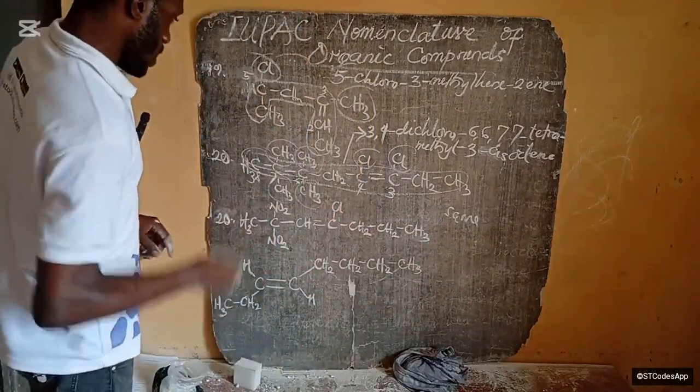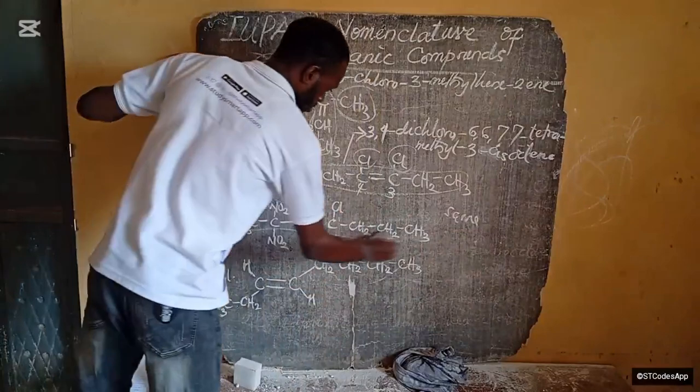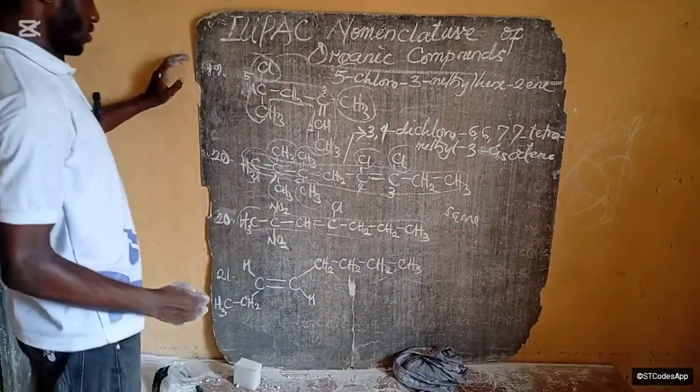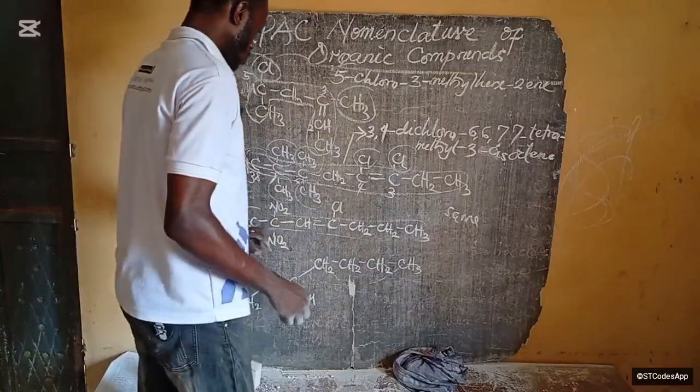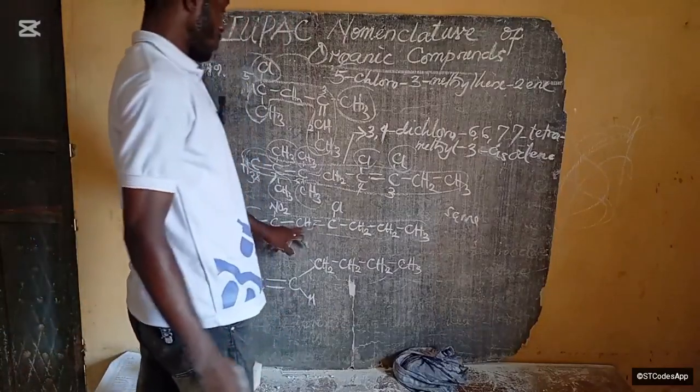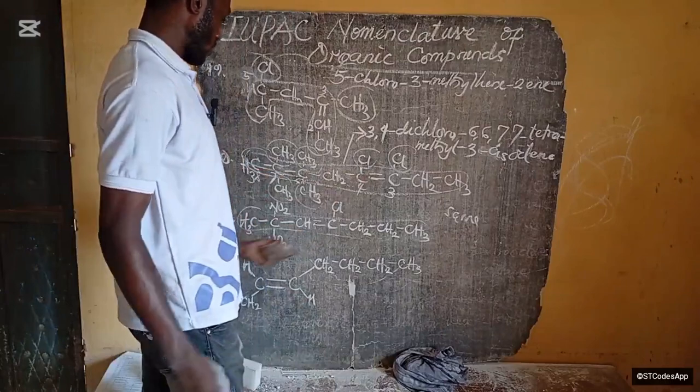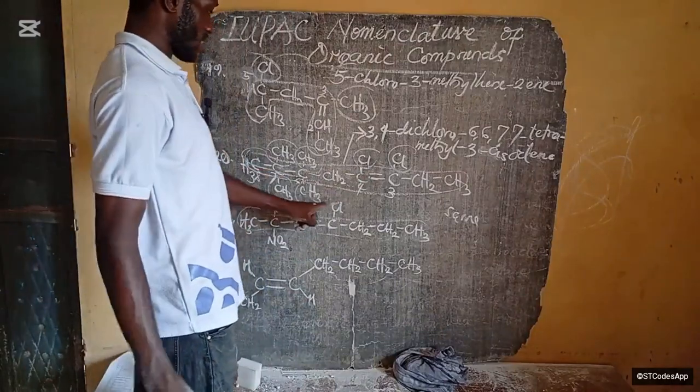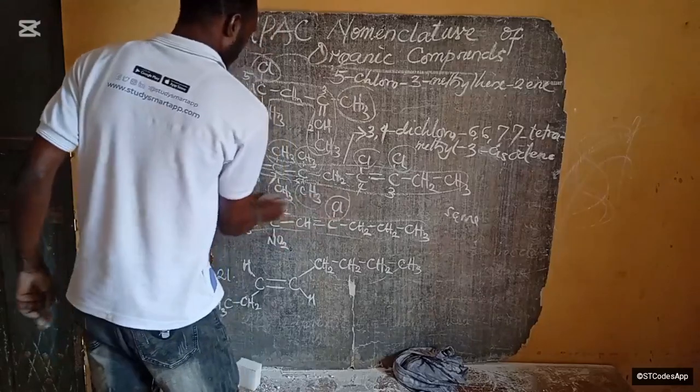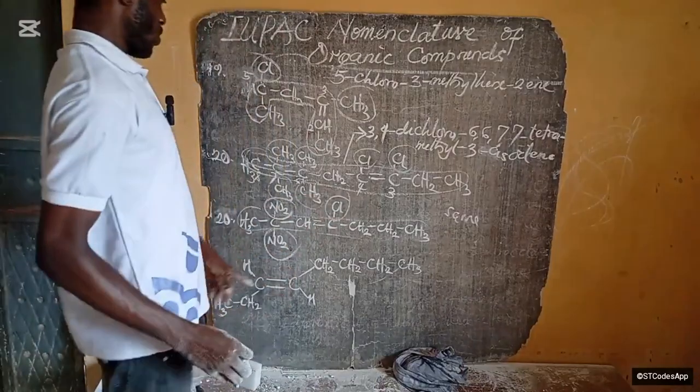Okay. Obviously, again, this guy is going to be the longest carbon to carbon chain, so that's going to be 1, 2, 3, 4. There's a double bond here, so we are going in this direction to number. So nitro group and chloro group are our substituents here.